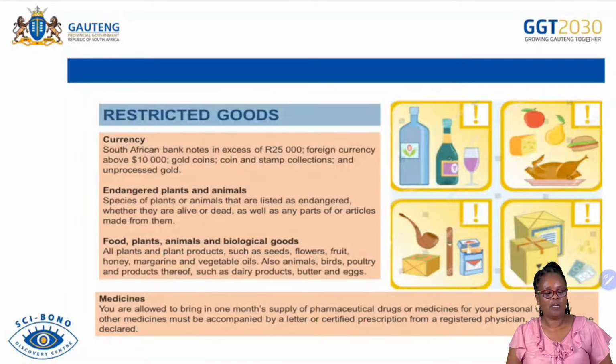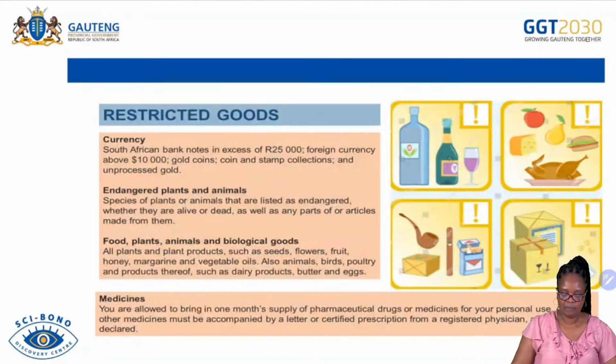You also cannot bring endangered plants and animals to the country, and also their produce. You are not allowed. Certain medicines also are not allowed unless you have a prescription for them. Then you will be allowed to bring them to the country.